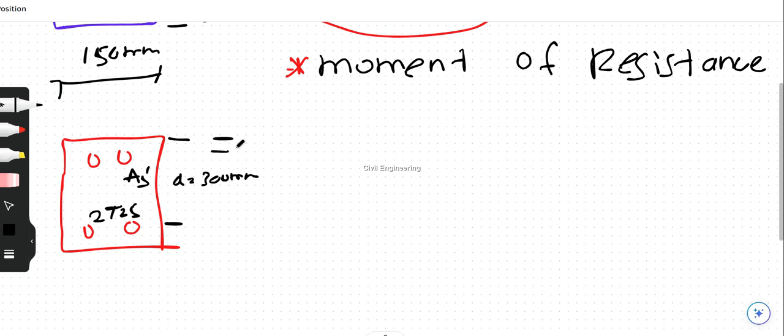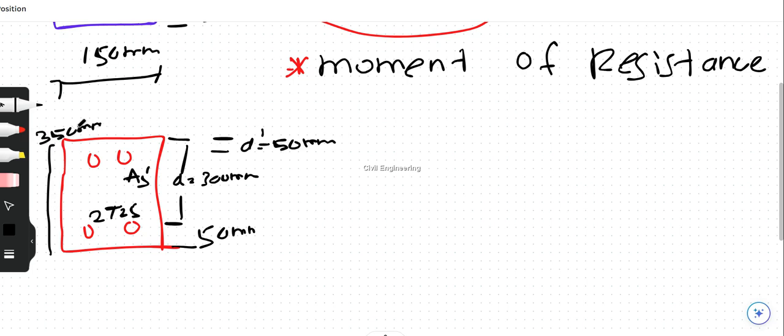The depth for the compression bars is 50 millimeters, and here 50 millimeters for the bottom, so the total depth is 350 millimeters, and the width is 150 millimeters.